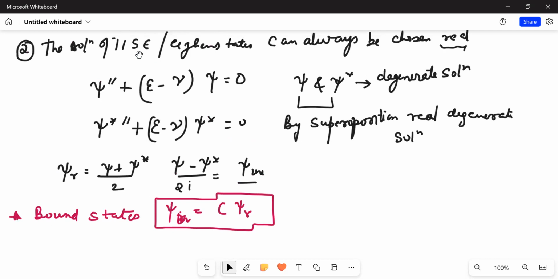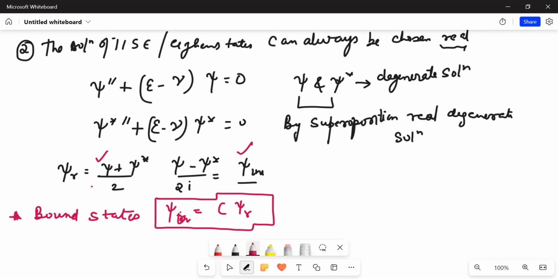The solution of the time-independent Schrödinger equation can always be chosen real. Let us see how. Initially, I just took a complex wave function satisfying the time-independent equation. Clearly, psi star also satisfies this equation. Since psi and psi star are solutions, and being linear combinations, both real combinations satisfy the time-independent Schrödinger equation.